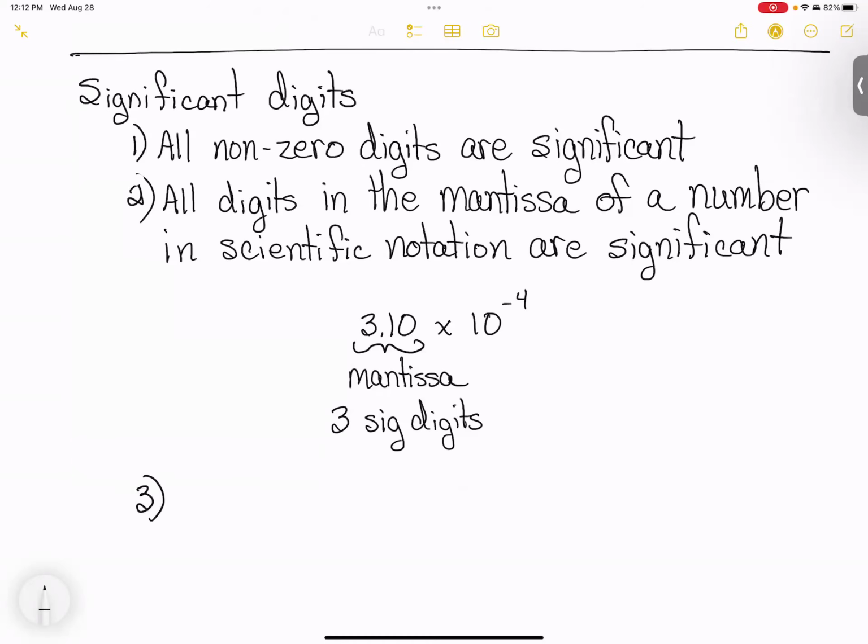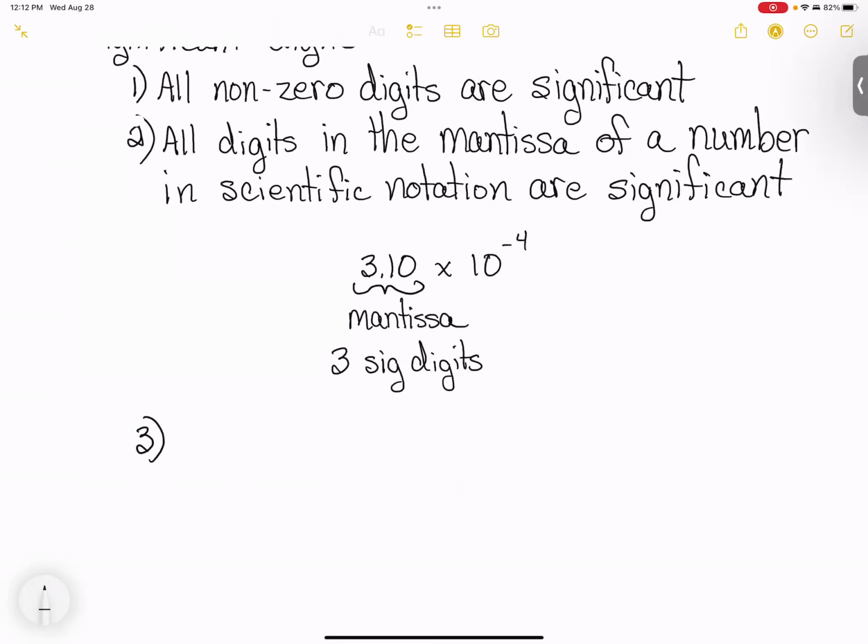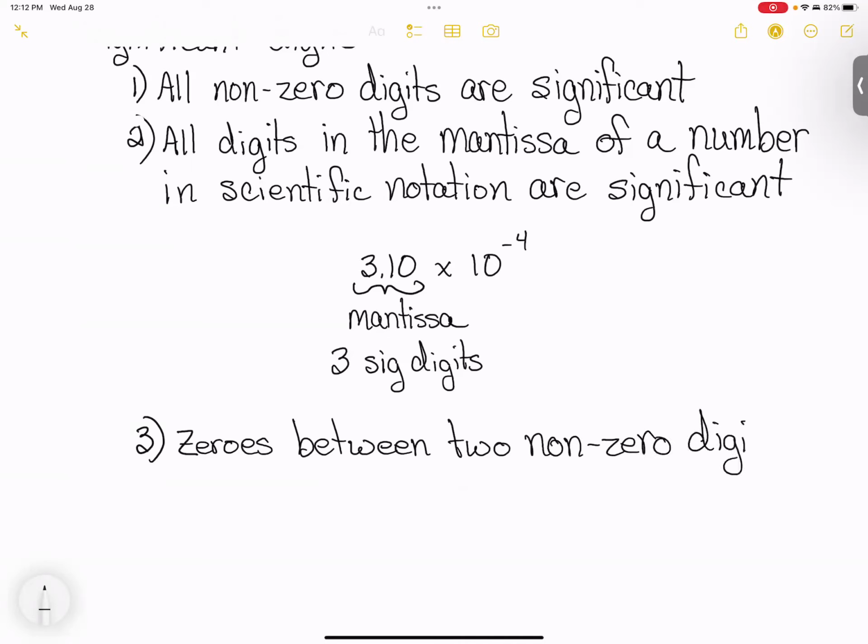Rule number 3: zeros between 2 non-zero digits are significant. This is the goalpost effect. You got a non-zero, you got a non-zero.